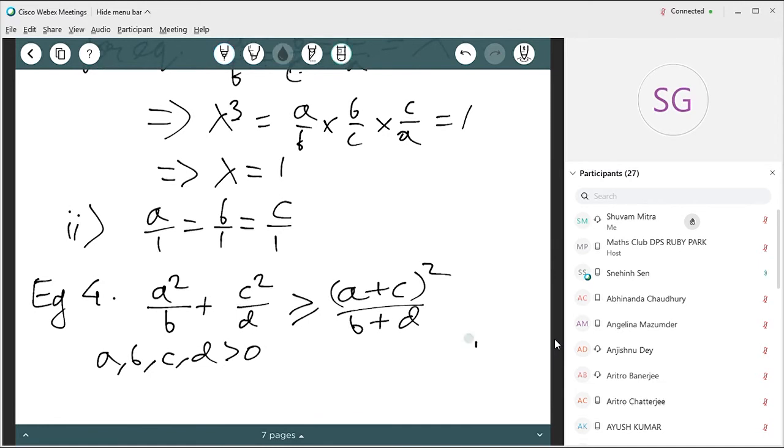Okay. So how do you propose we go for this one? You can again do square inequality and stuff. That's possible. But try to do it using Cauchy-Schwarz.